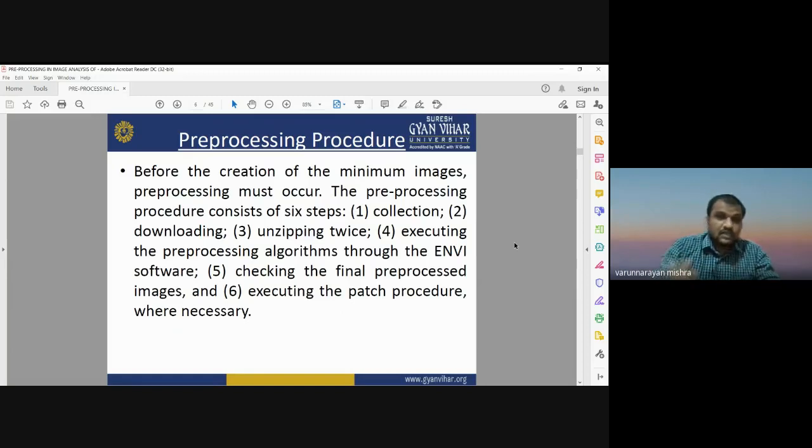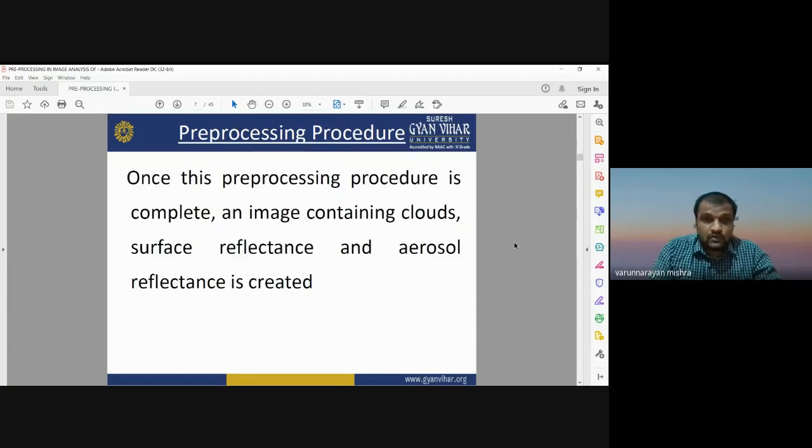There are a total of 6 procedures involved in the pre-processing. Once this is completed, an image containing cloud, surface reflectance, and aerosol reflectance is created. Now, what is pre-processing?